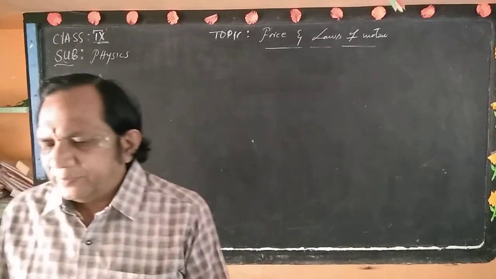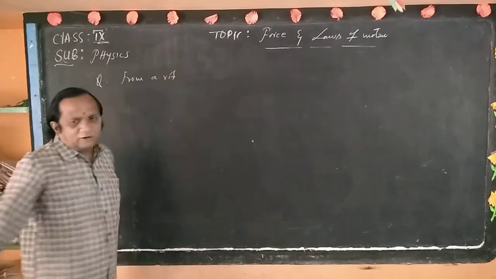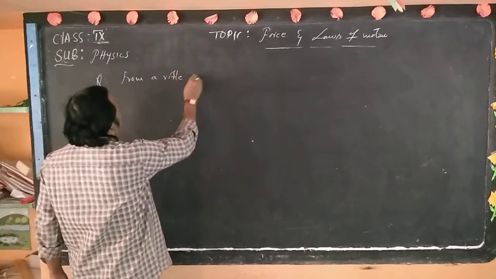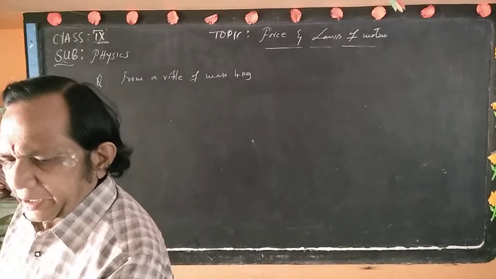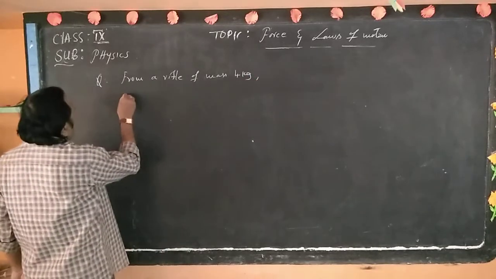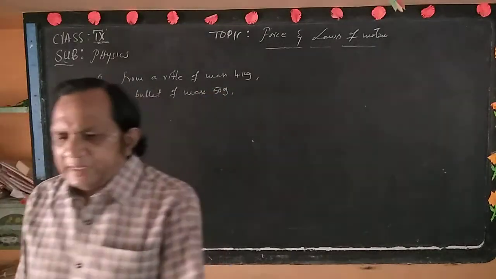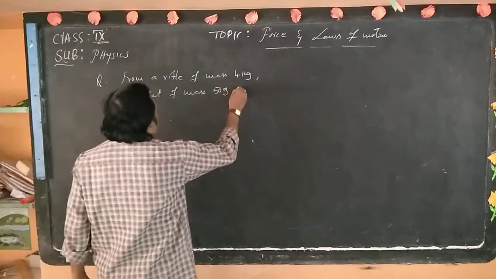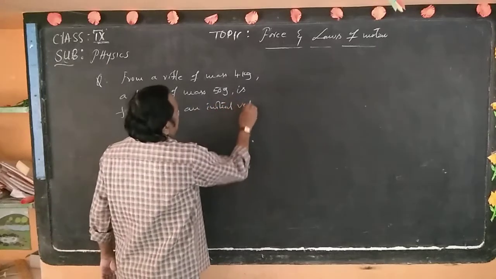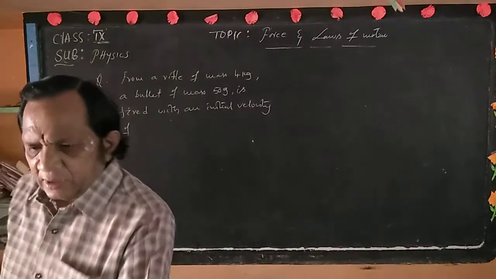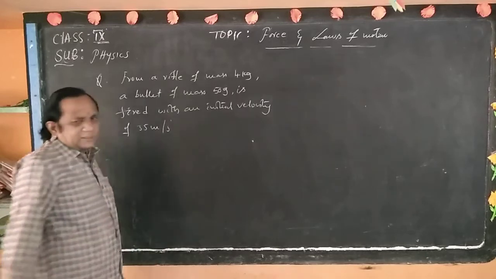So the question will be: from a rifle of mass 4 kilogram, a bullet of mass 50 gram is fired with an initial velocity of 35 meter per second.